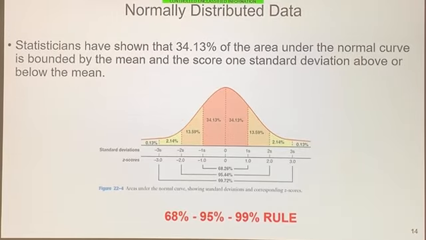So understanding normally distributed data is a key concept for statistics because most biological research falls using a normal Gaussian curve as shown here.